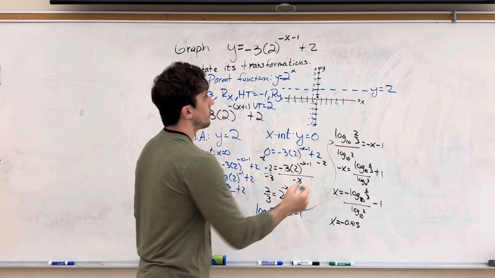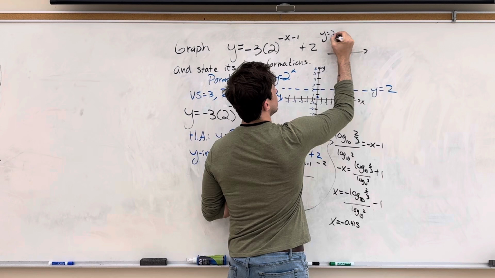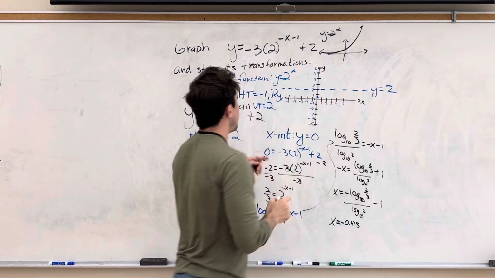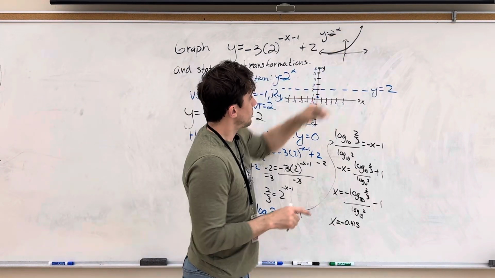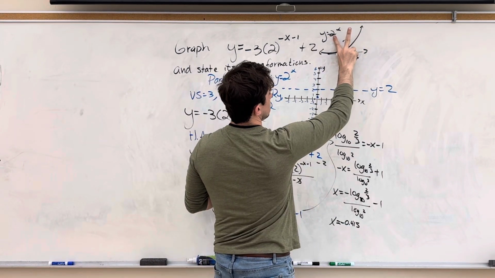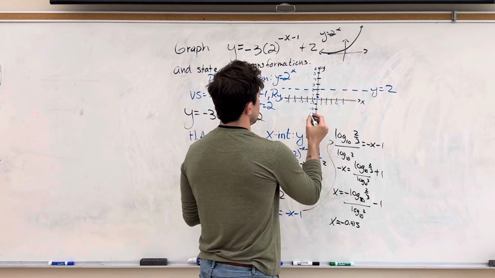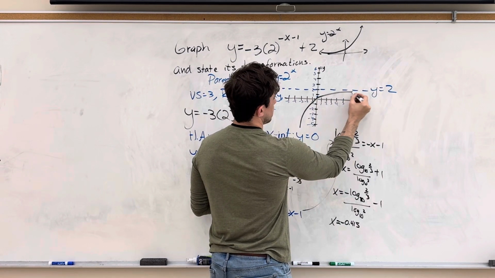And again, the parent function, y is equal to 2 to the x, looks something like this. And we have an ry and an rx, so we should expect it to be reflected like so and like so. And so we are going to see it looking something like this.